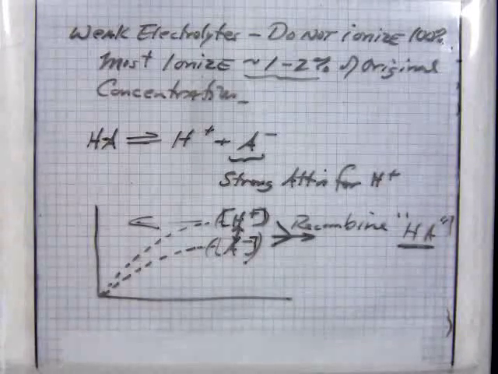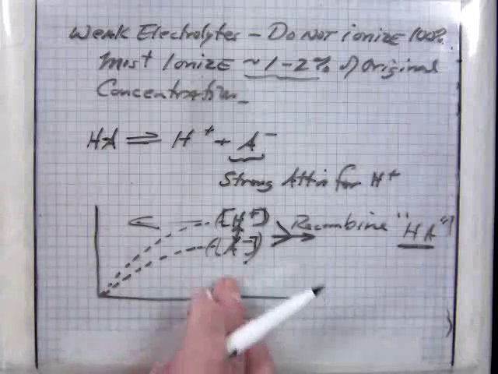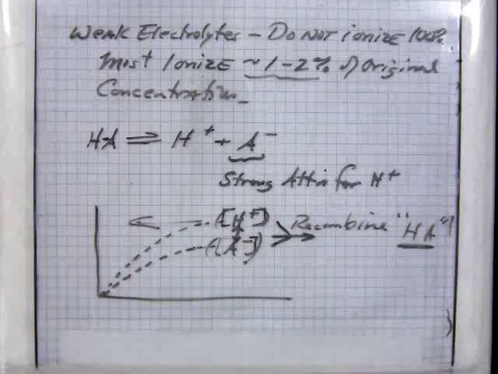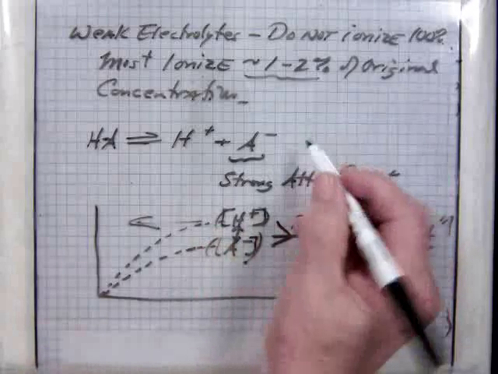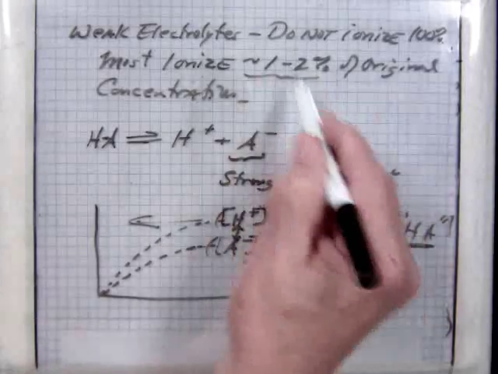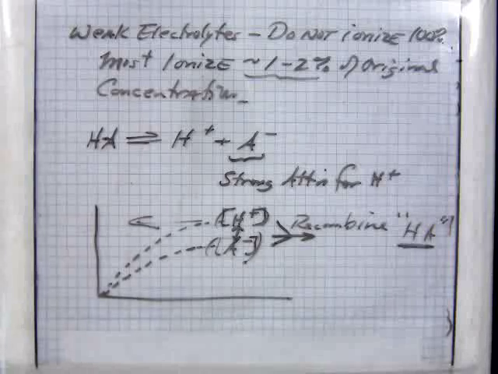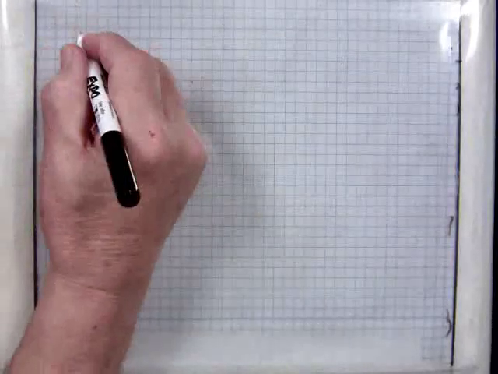So this is the empirical reason why weak electrolytes perform as they do and have limited degrees of ionization. So again, this is an explanation of why it has about a 1 to 2% ionization. I will show you the analytics of weak acids.